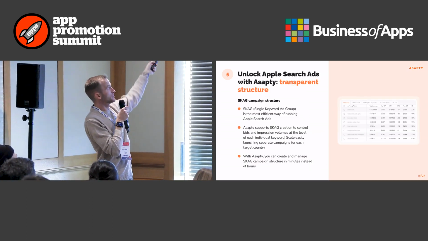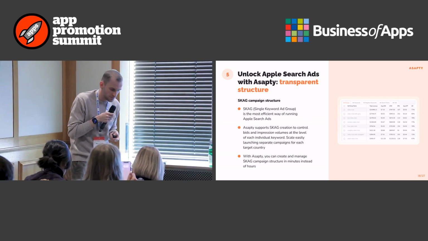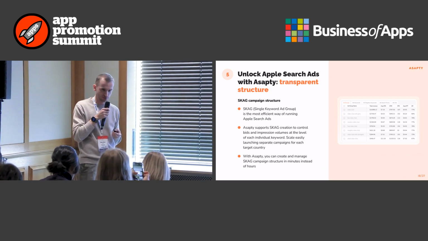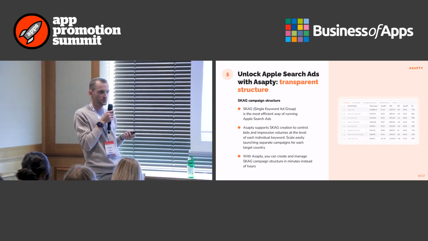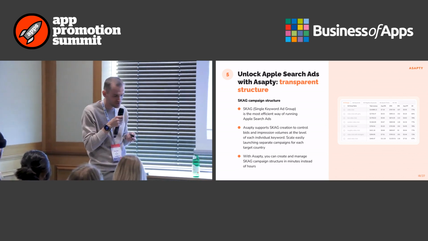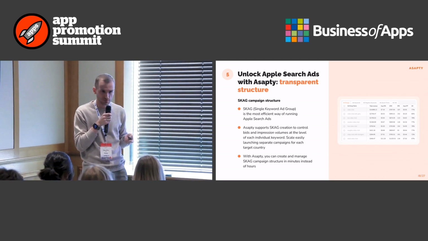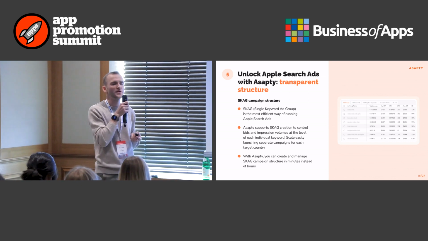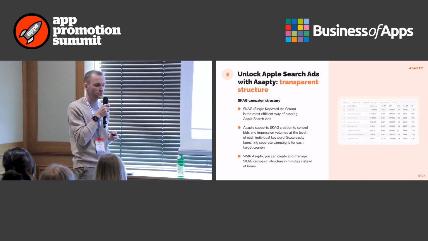First of all, single keyword ad group campaign structure, or SKAG, as we are calling it. For me, this is the most important thing that you could change in your Apple Search Ads campaign structure. The default structure is about what Apple wants you to do, not what you are forced to do: to put 50 keywords inside one ad group, and in the very ideal situation to put 20 countries in this campaign and to increase the budgets and to have the results.